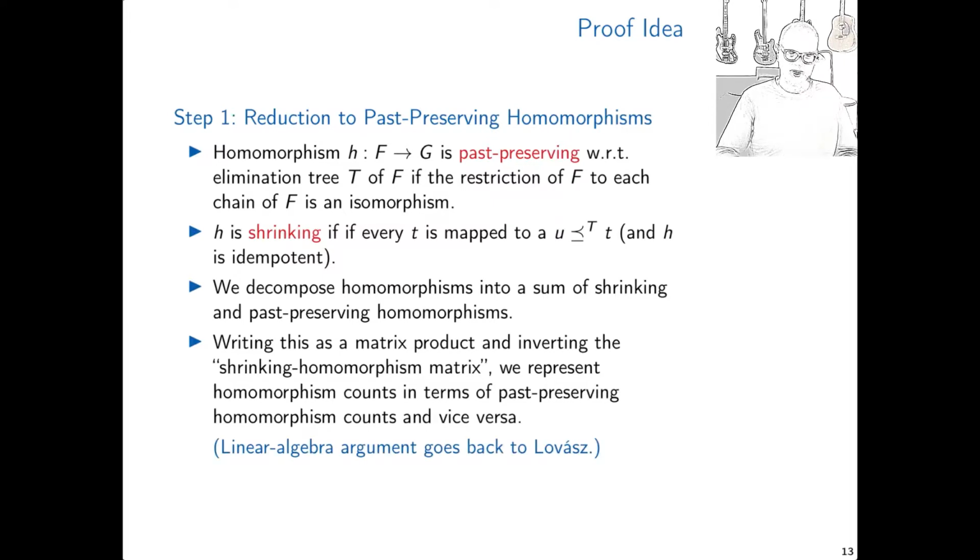And this linear algebra argument that we use in the last step goes back to Lovász. The difficult part here, or the part that requires care, is to find the right decomposition.